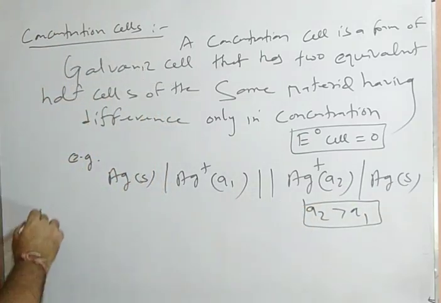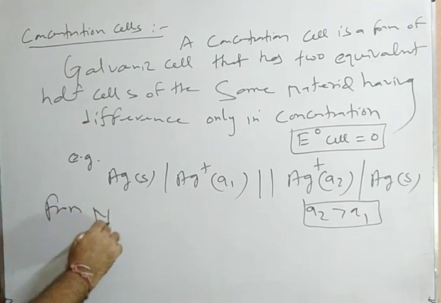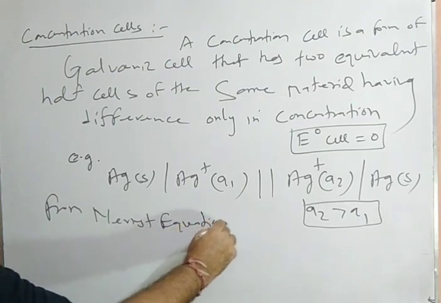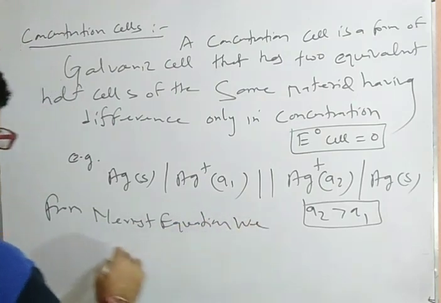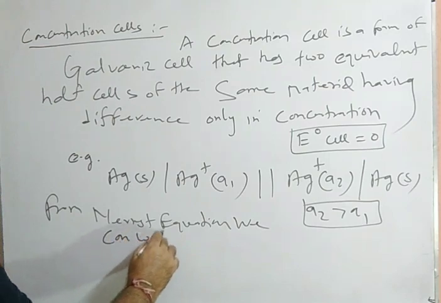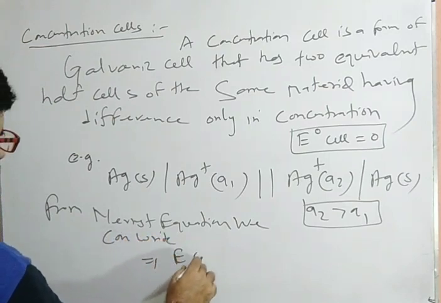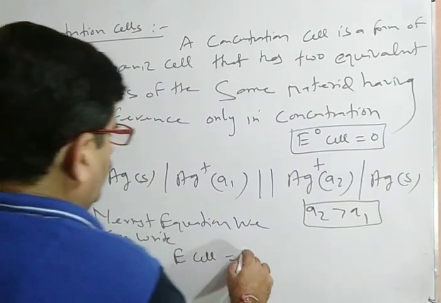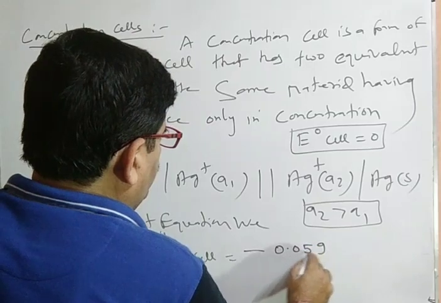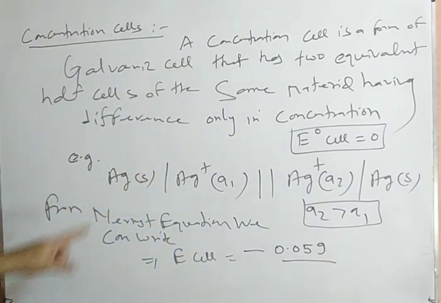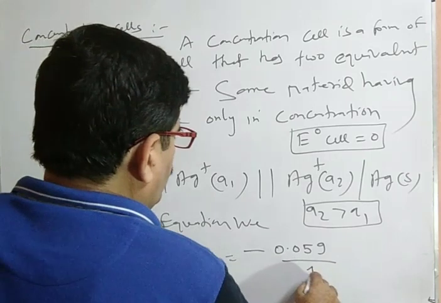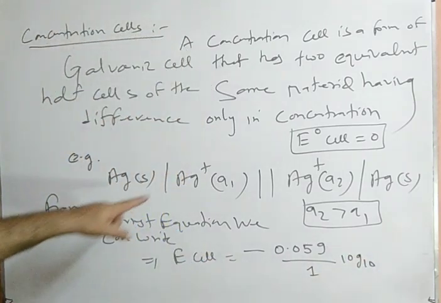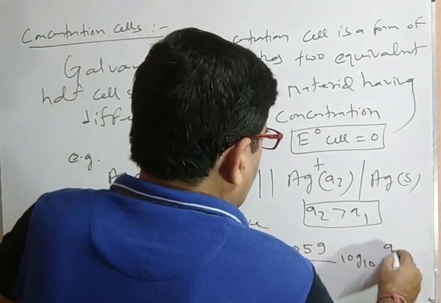Then from the Nernst equation we can write directly E cell, E naught cell is equal to 0 minus 0.059 over the number of electrons involved, in such case equal to 1, log base 10 of the concentration of product, that is C1 by C2.